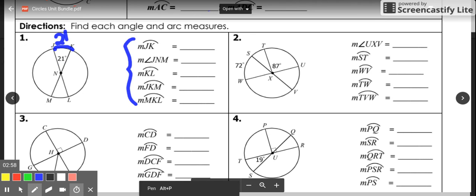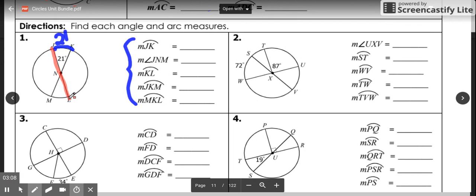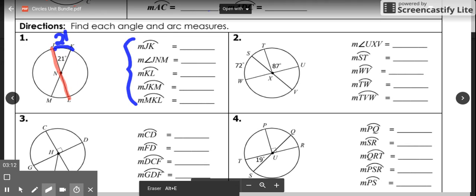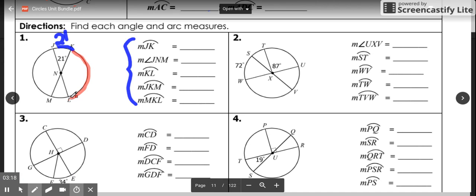Then I go look for anything that is a diameter, because diameters cut our circle in half, which gives us 180 degrees. So I notice JL is a diameter. So if JL is a diameter, then that means the blue piece plus finishing that all out, so I'm going from J all the way around to L, that blue piece and that peach piece have to add to be 180 degrees.